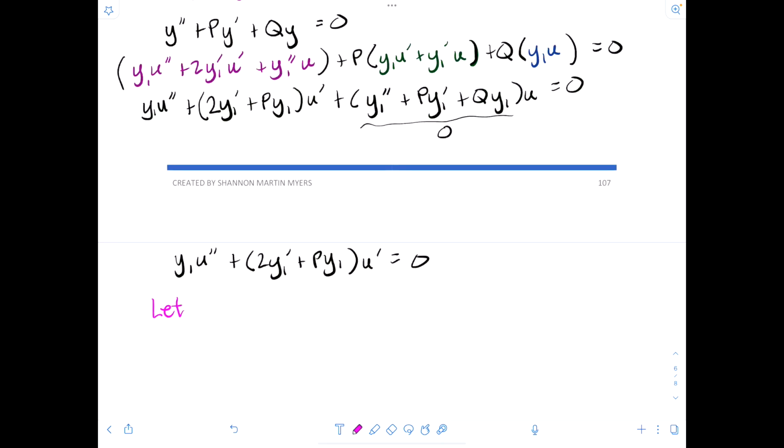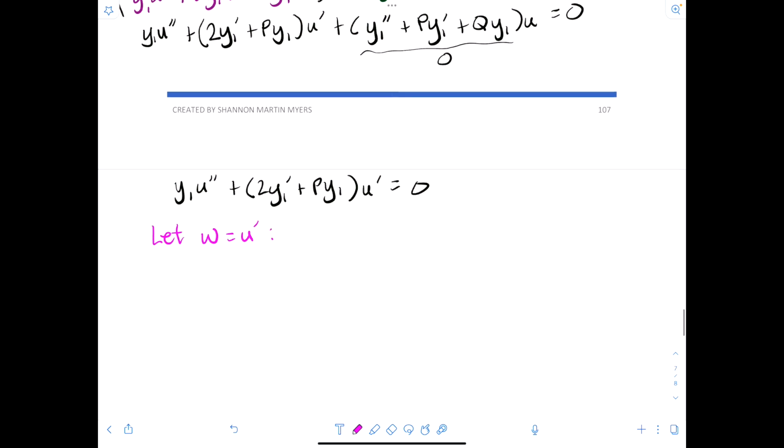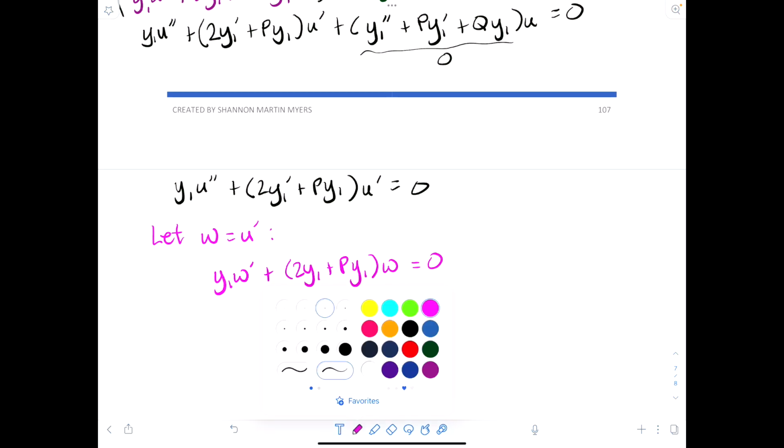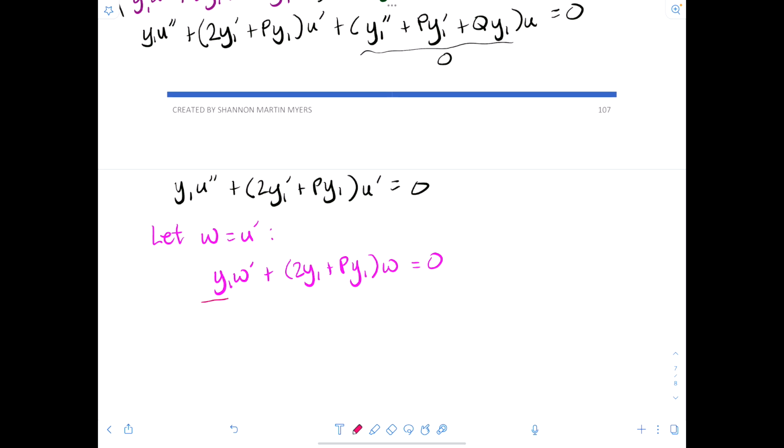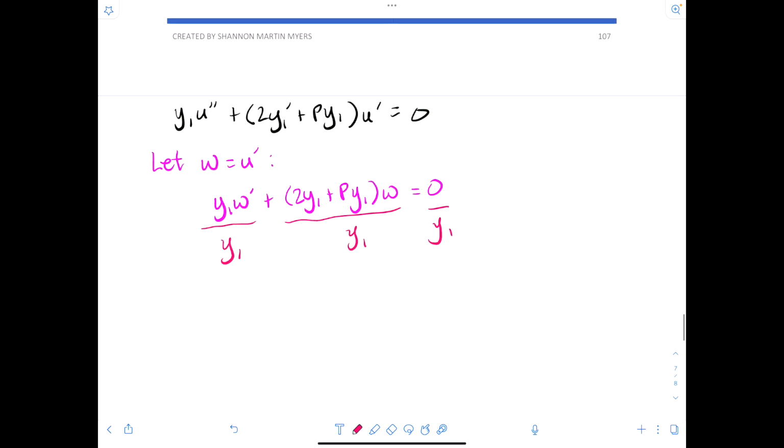We do our trick and let w equal to u prime to reduce the order. We'll have y1 w prime plus 2y1 prime plus p y1 times w is equal to 0. Now we want to divide out the y1. Remember that not all of them were 0.